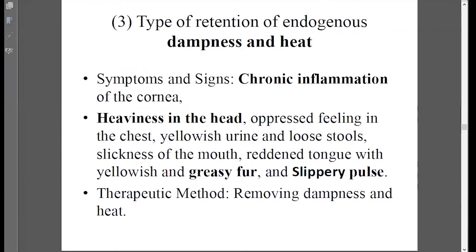Then we talk about the damp heat pattern. Damp heat pattern means heat combined with some dampness. So it usually is a little bit of a chronic problem, not like the wind heat pattern or even the liver fire pattern. It's a slowly developing kind of thing. Basically, people feel heaviness.